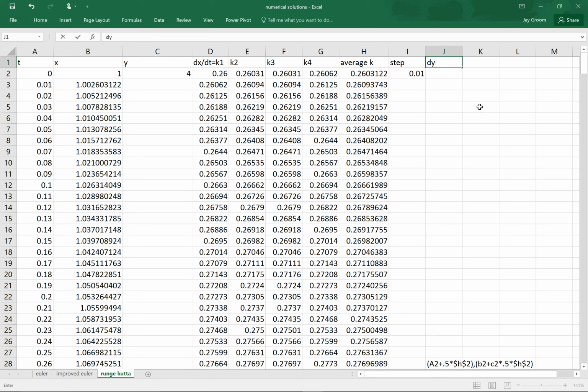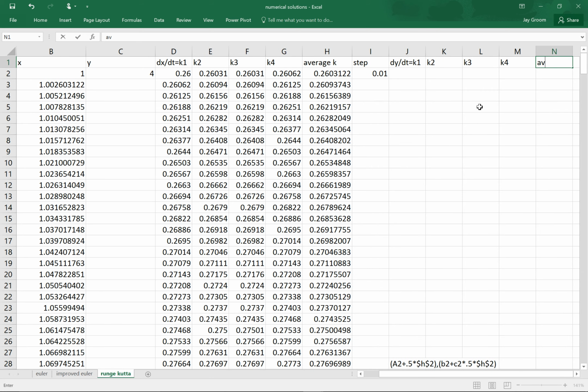So I'm going to have a dy dt, and that'll be equal to my k1 for these guys, right? And then of course there's going to be a k2 for these guys, and a k3 and a k4, just like over here. And of course when I'm done, I'm going to average the k's for the y's, right? Boom.